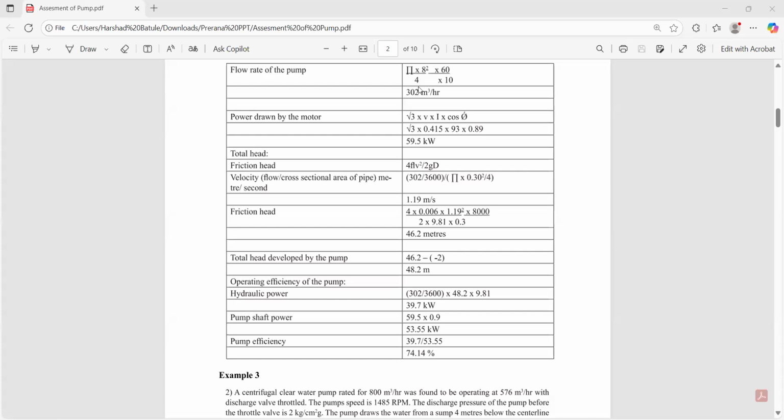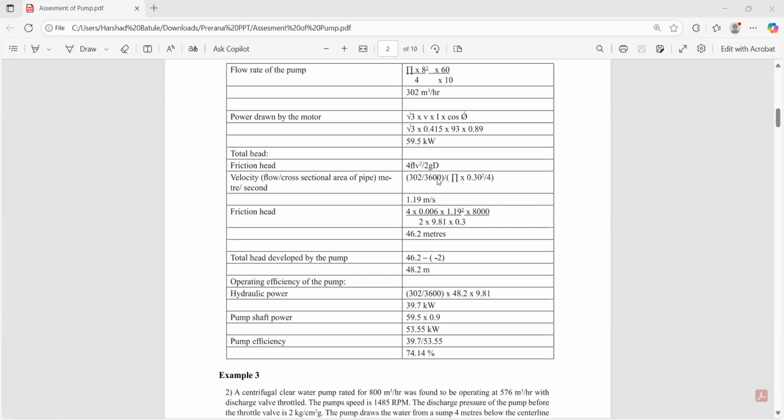Your flow rate of the pump is 302 m cube per hour. You have been given the diameter of the discharge pipe. So 302 m cube divided by 3600. If you want to calculate any volumetric flow, your formula is area into velocity.